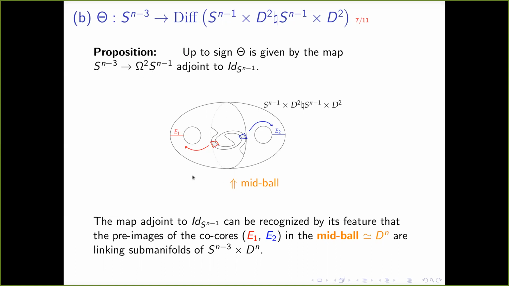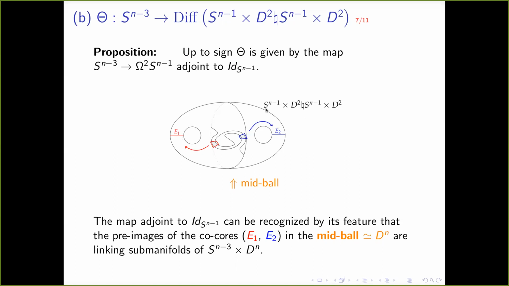I'll give you an idea of why that's true, but this map, there's all kinds of nice ways of thinking about it. So the D^n here that splits the barbell into two solid tori, what you can do is ask what points on this disk are sent to E1 and E2.